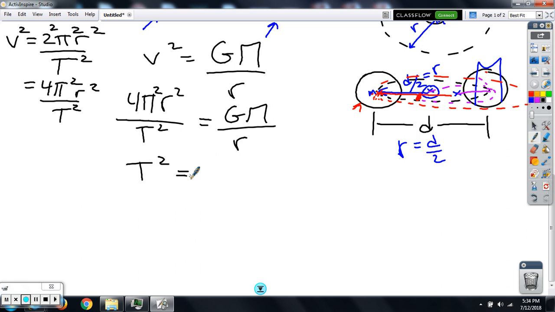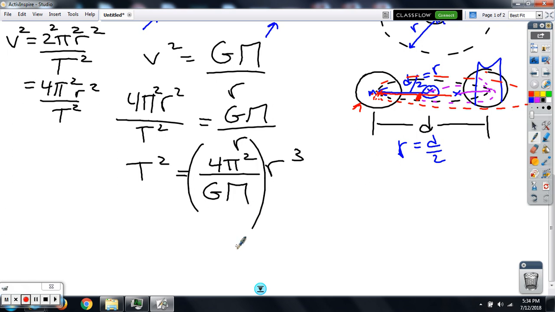And then in order to get T squared by itself, I have to multiply both sides by r, so I get an r cubed. And then you have an assortment of constants in this formula. So you have the 4 pi squared, and then we're going to have to divide both sides by G times M.